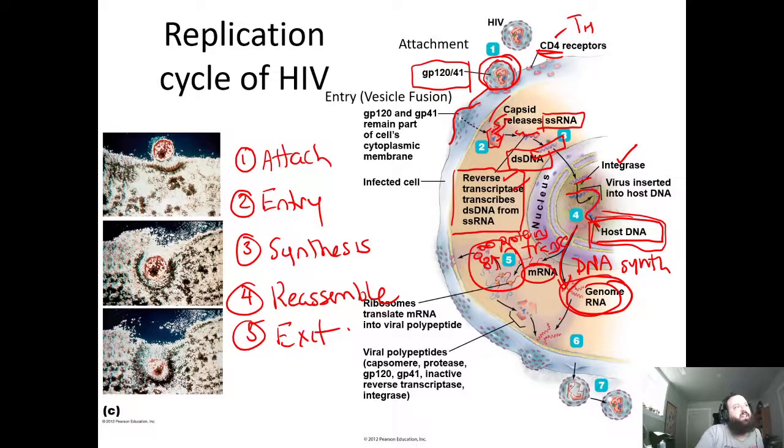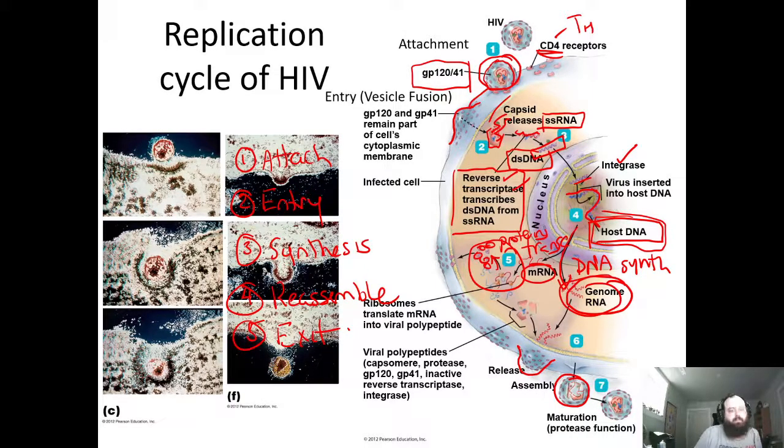In the case of HIV, the proteins and the nucleic acid do not reassemble inside the cytoplasm. Instead, they get packaged into a vesicle that gets sent out of the cell, and it's within those vesicles that the viral particle will then mature.